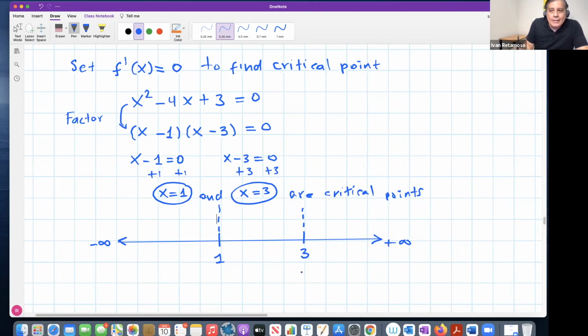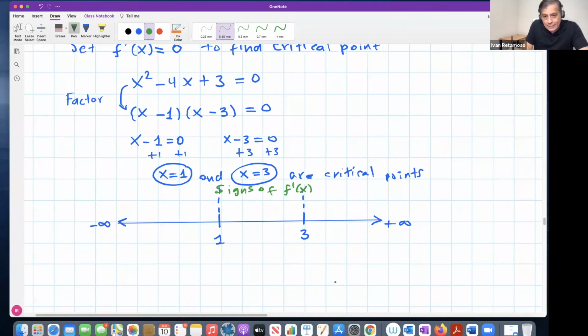Now, the next task is to determine what are the signs of the derivative over these 3 regions. Over these regions, we're going to write here signs of f prime of x. This is what we're going to figure out, okay? I will give you a nice technique to figure it out. The guidelines that we gave say use test points.